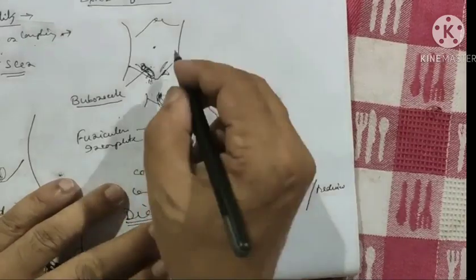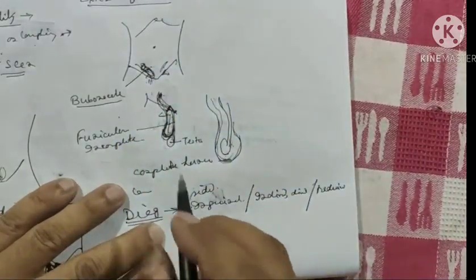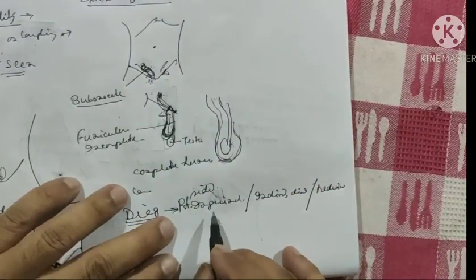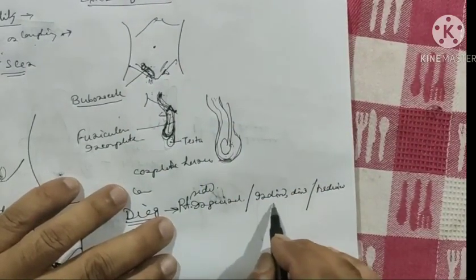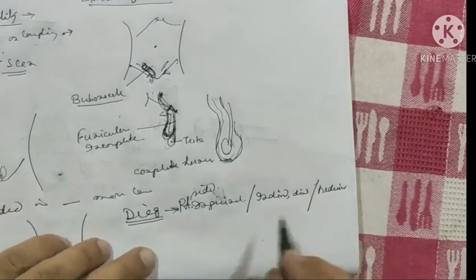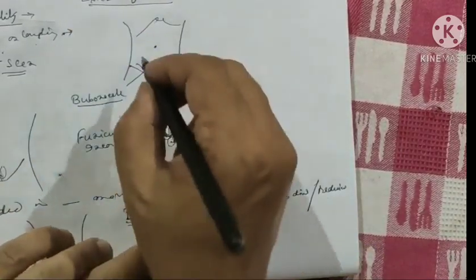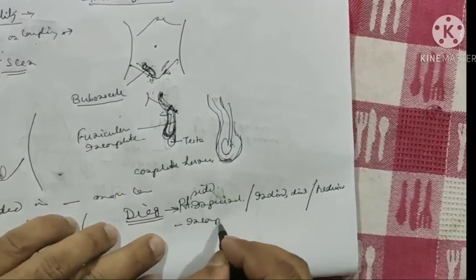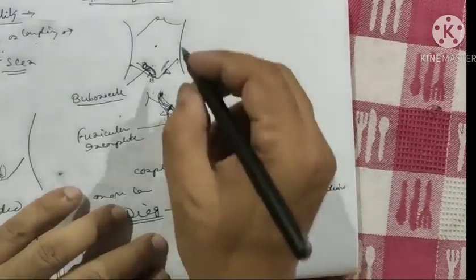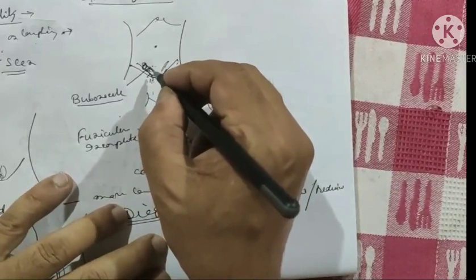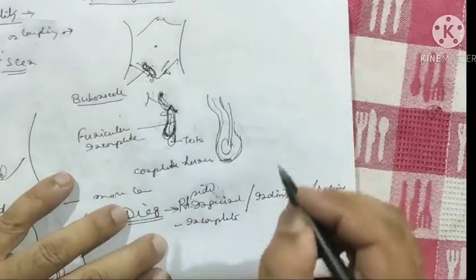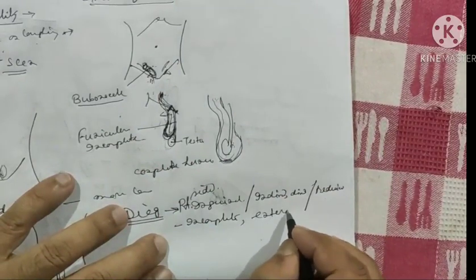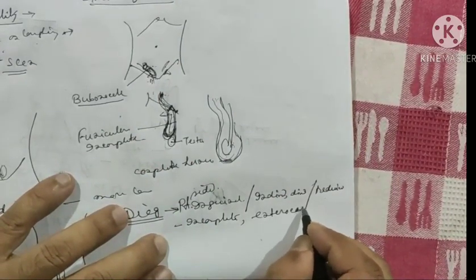Which side? If it is bilateral, you have to write bilateral, or left side or right side. Then inguinal, then indirect, reducible, and extent, whether it is bubonocele or incomplete, or what the content is, that is intestine or omentum. If it is intestine, then it will be an enterocele.